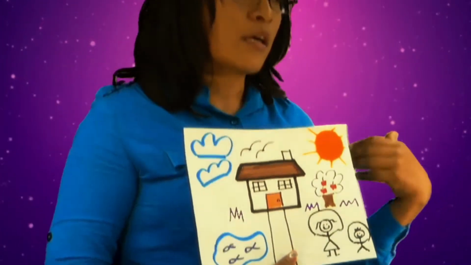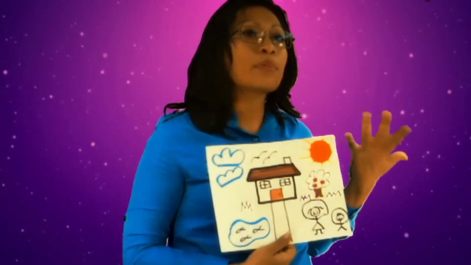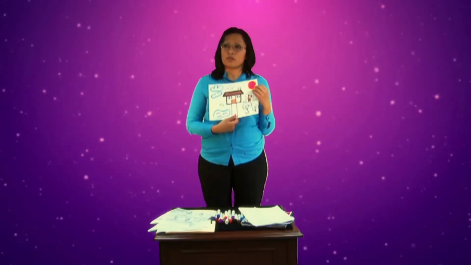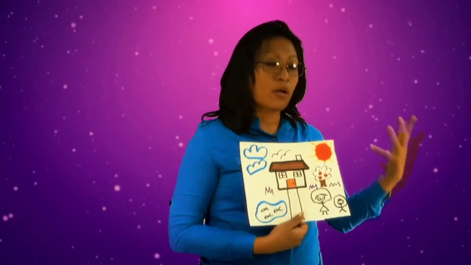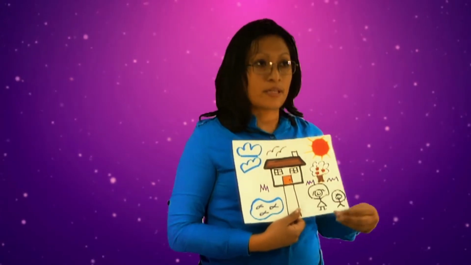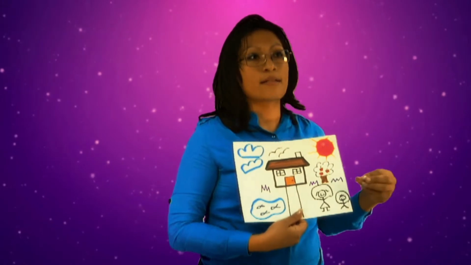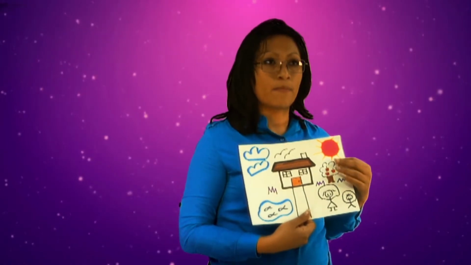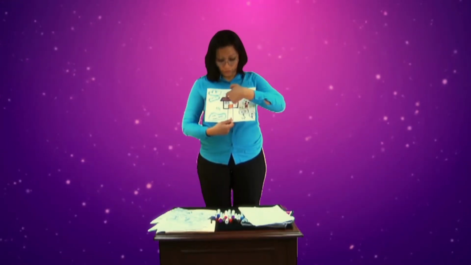As I was saying before, you can complicate this activity for the students according to the level. It could be a simple sentence, for example, there is a house in the middle of the picture. Or you can complicate it by adding adjectives, like there is a small house in the middle of the picture, and the house has a brown roof, for example.